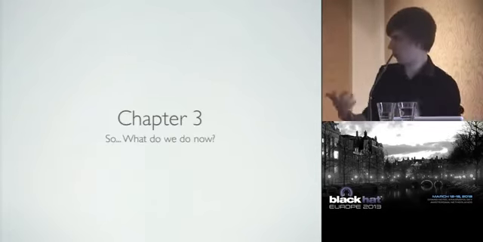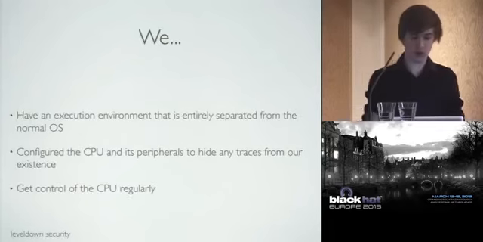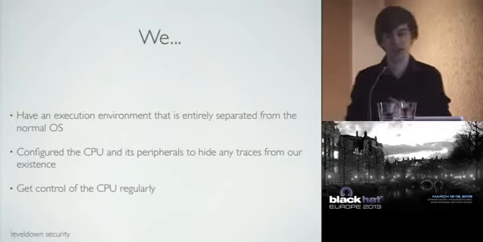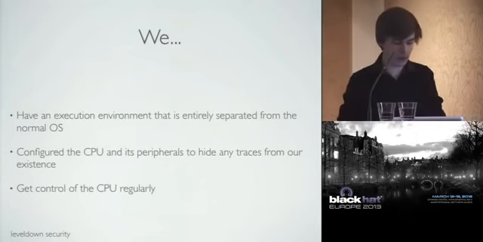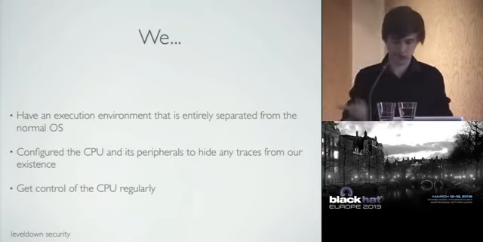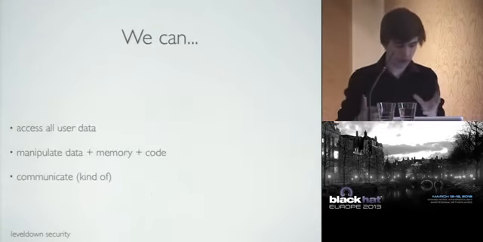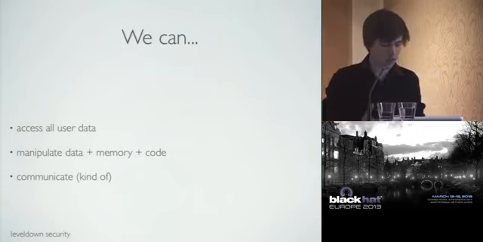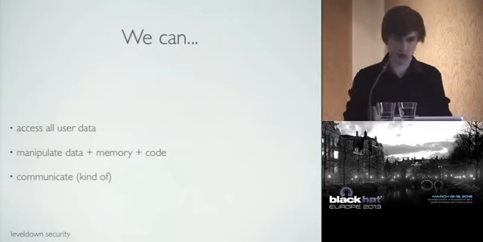So what do we do now? We have an execution environment that is entirely separated from the normal operating system. We have configured the CPU and its peripherals to hide any traces of our existence. And we get control of the CPU regularly and can do whatever we want. We can access all user data, manipulate data, memory, and code.